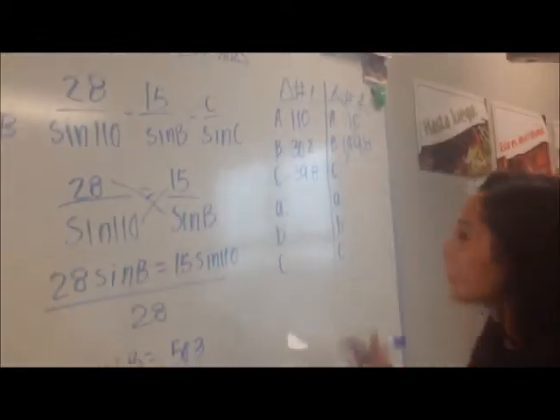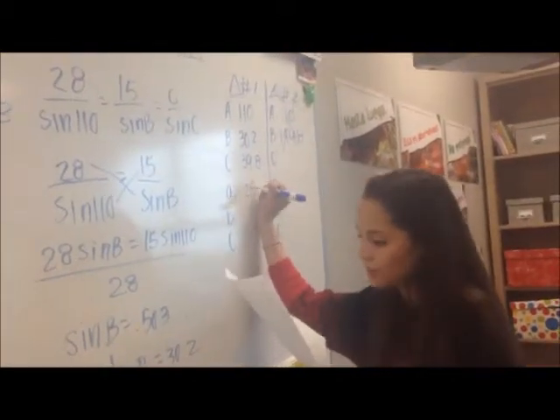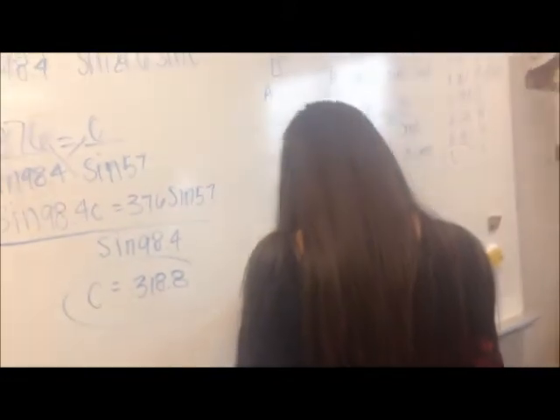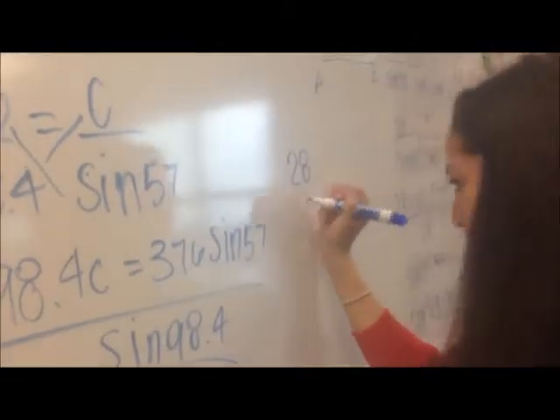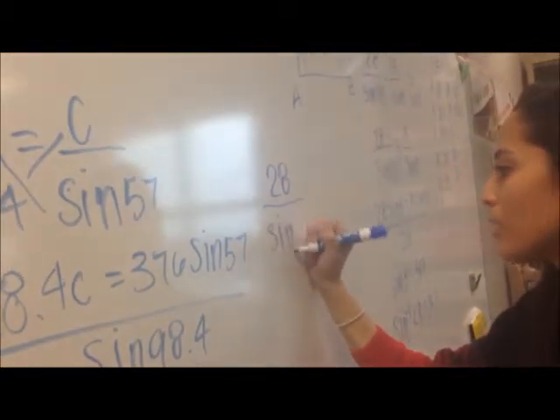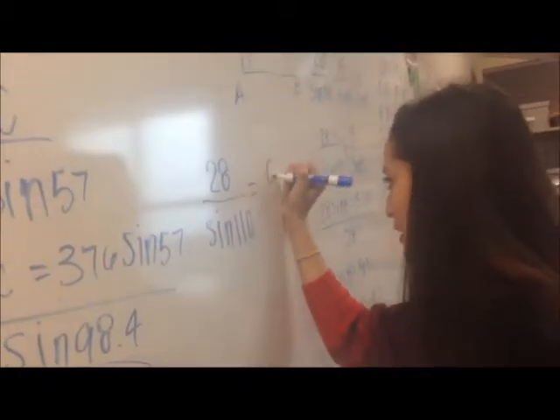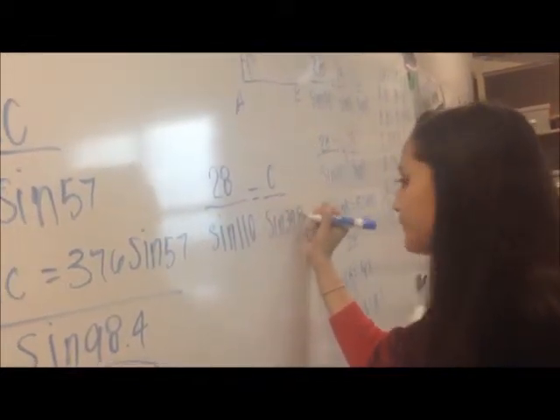Okay, all right. We know that a equals 28, and we know b equals 15, so all we're looking for is c. And to find c, we are going to do 28 over sine of 110, which is equal to c over sine of 39.8.